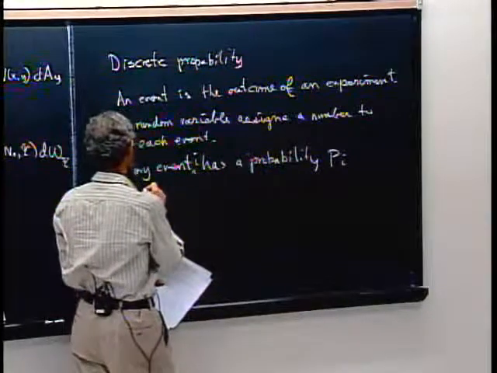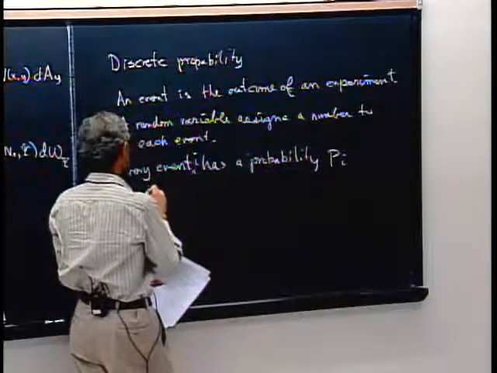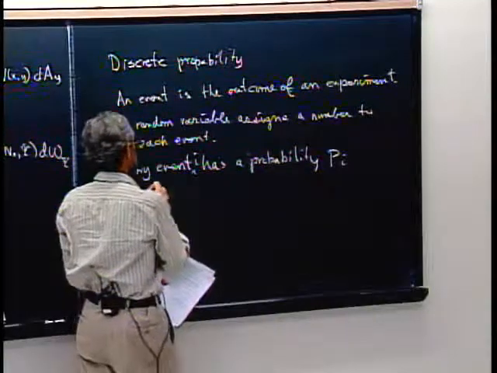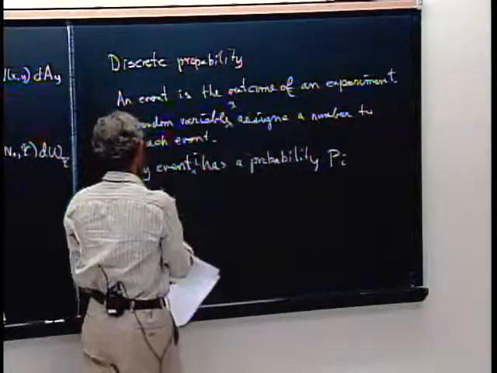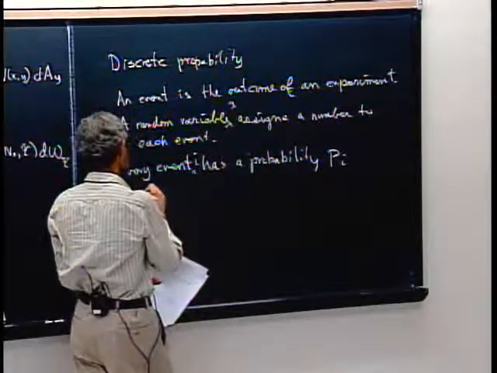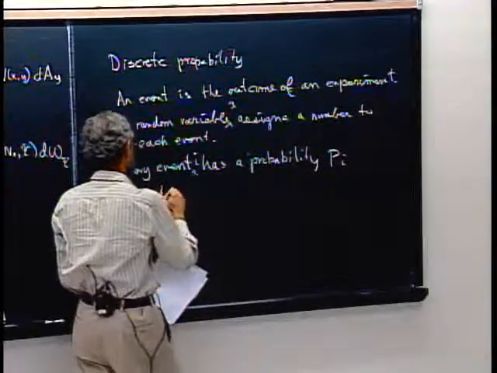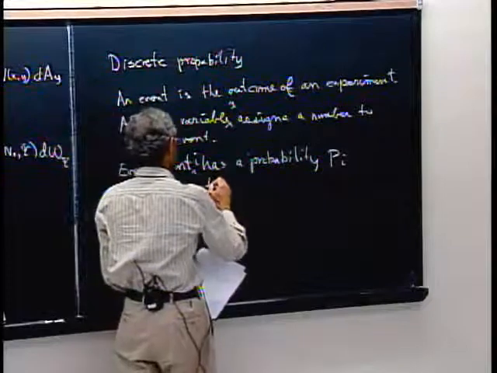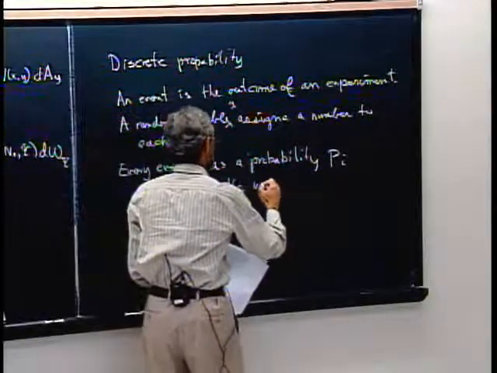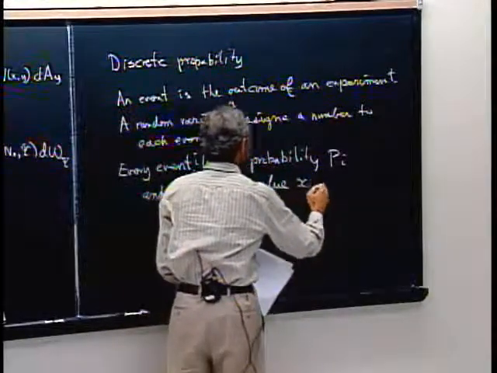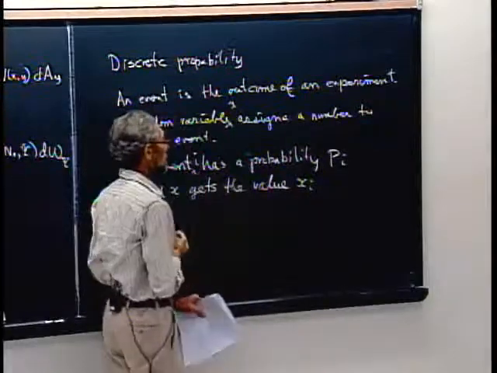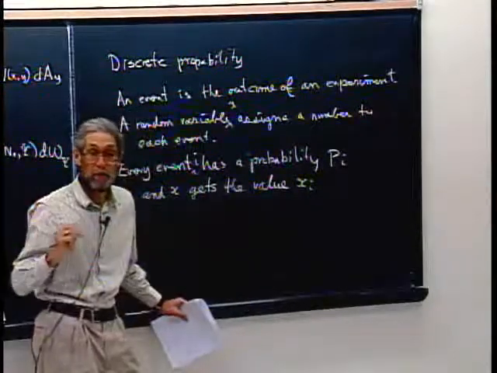And the random variable, say X, gets the value X of i corresponding to event i. Right now we have only a finite number of different events.